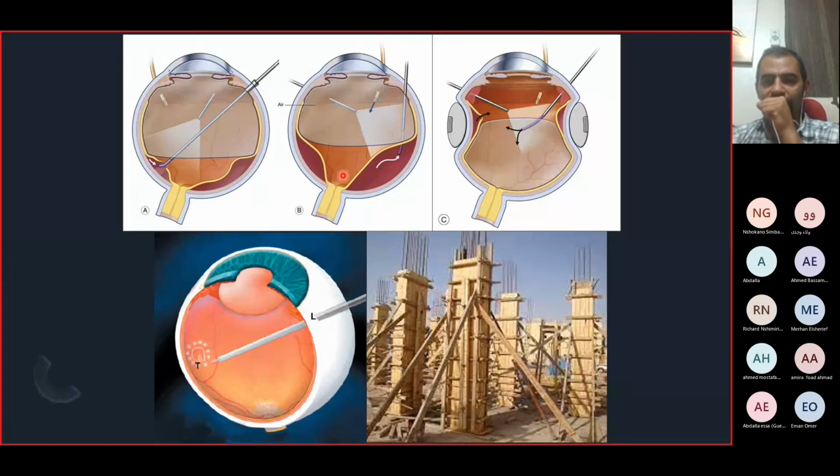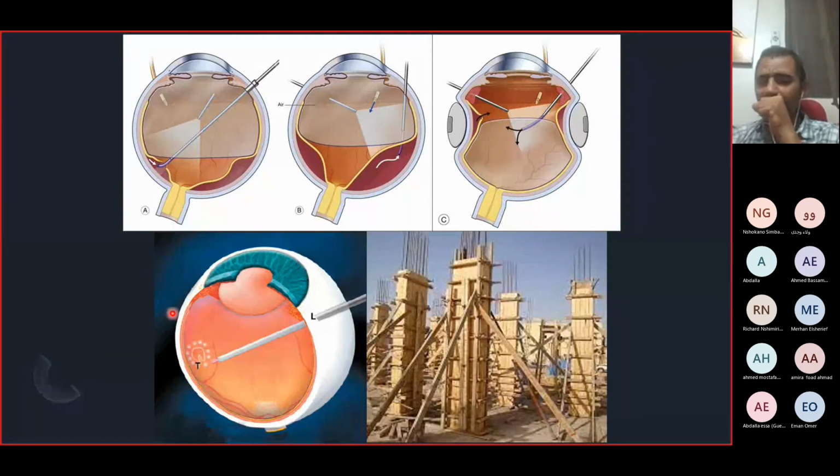So when you inject air, it will push the fluid posteriorly. You either go through the break with the cannula and absorb the fluid, or you use the diathermy to make an opening close to the optic disc, so that the fluid will be milked by the air and you absorb it close to the optic nerve head.